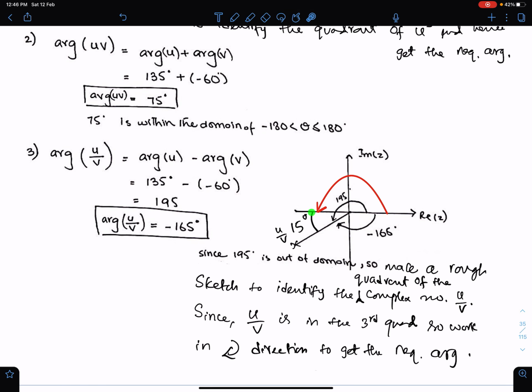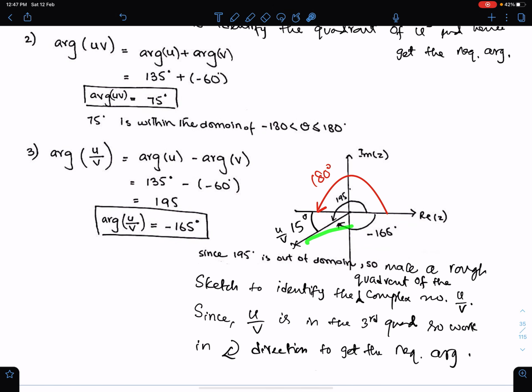This small angle is 15 degrees because till here is 180. Since this complex number is in the third quadrant, according to the standard domain of argument, we have to work in the clockwise direction. I told you, if a complex number lies in the third quadrant, we work in a clockwise direction. So the required angle is minus 165.